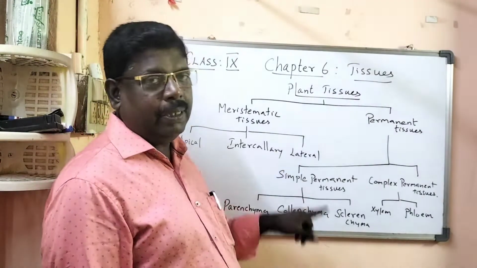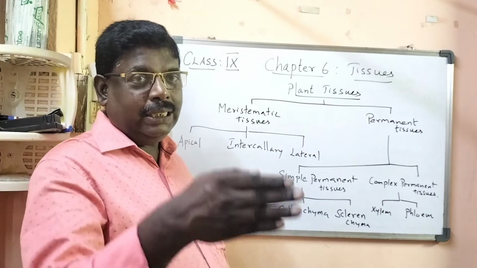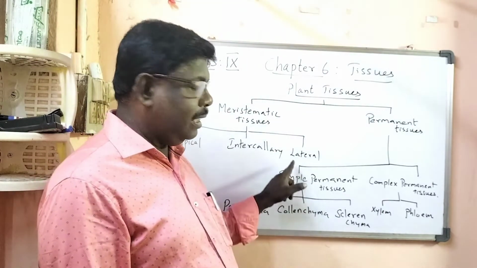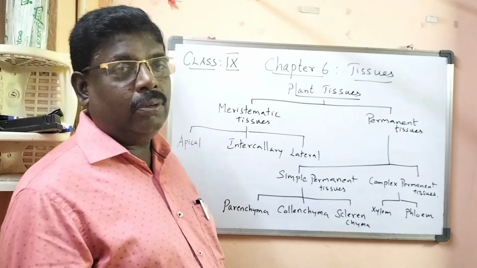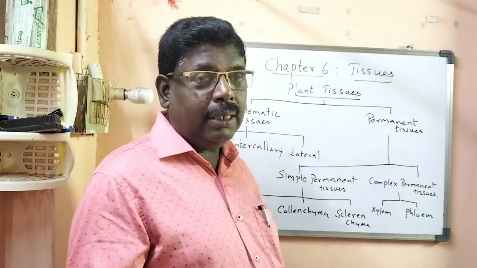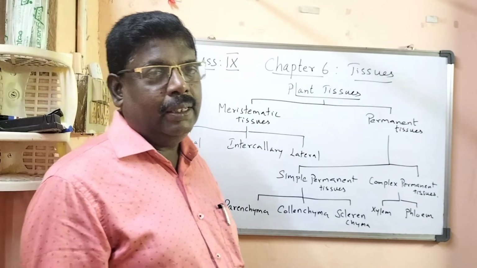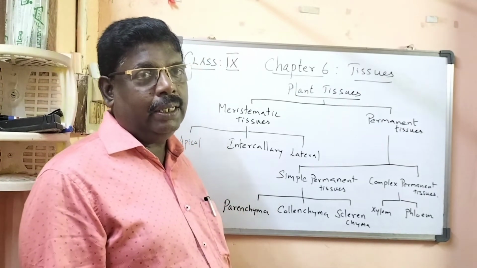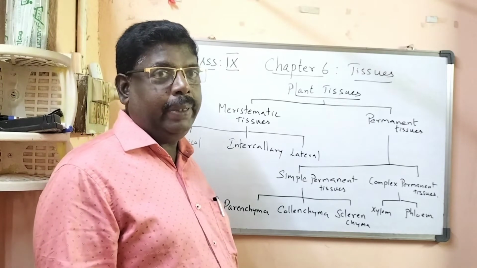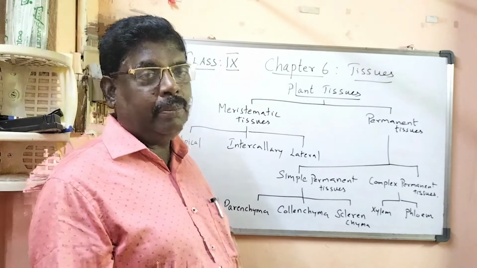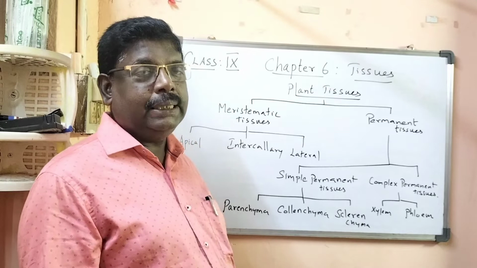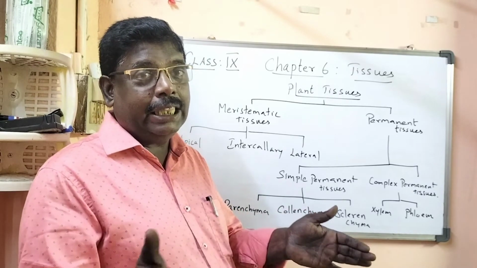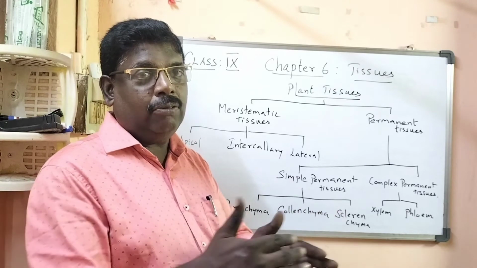Lateral meristem is seen on the sides of the stem, and usually in between xylem and phloem. It is also known as cambium. It helps in increasing the girth of the plant, the sideward expansion.